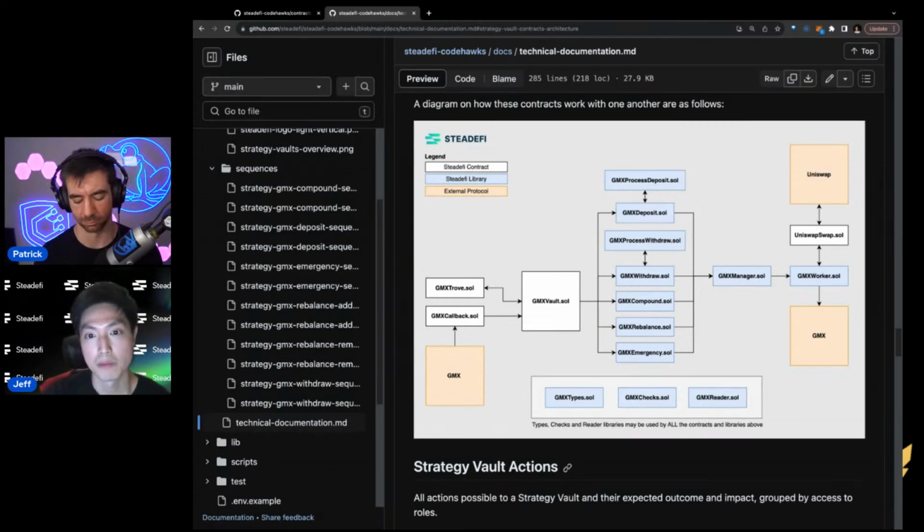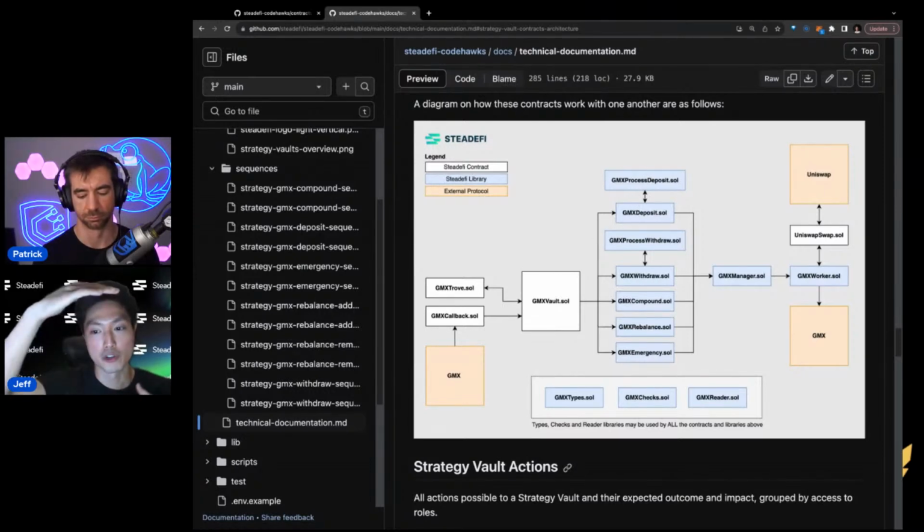If you open it up, you'll see that it's essentially structs of different variables in it, but there's no state, there's no logic or anything like that. So for us to store a lot of variables across our contract, we decided to put them all into one big struct called the store, and that's where you can reference it using GMX types.